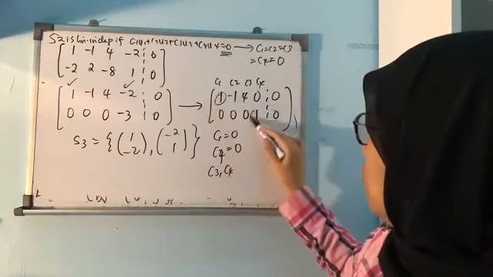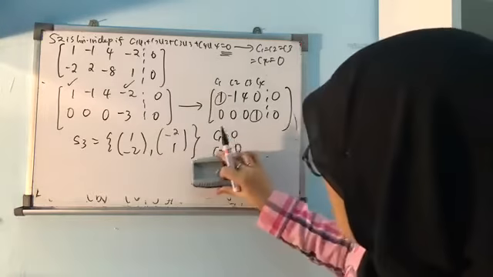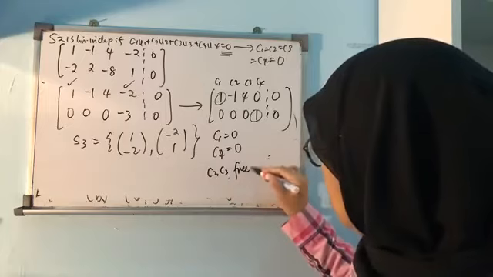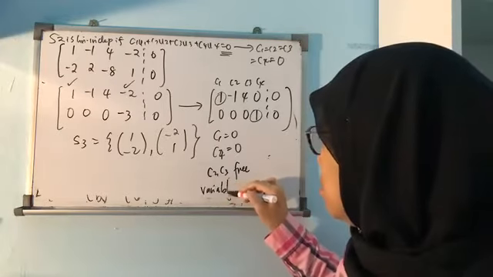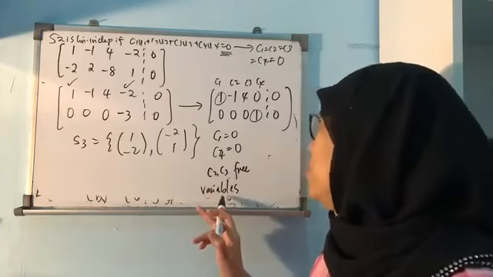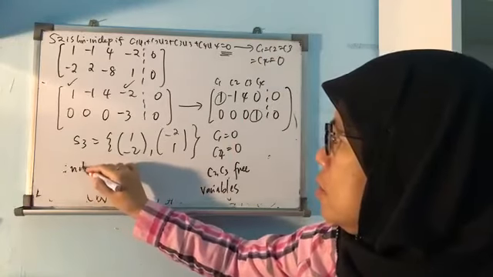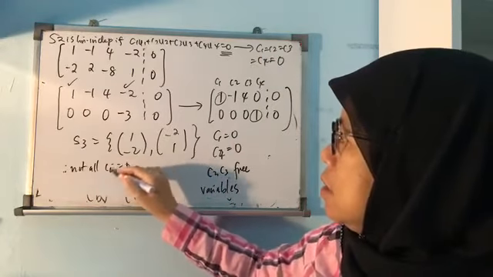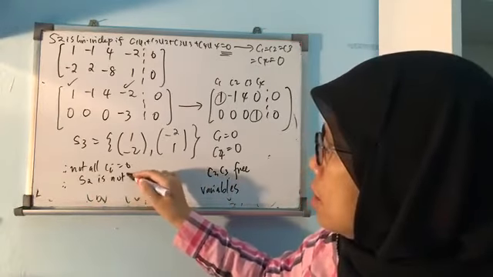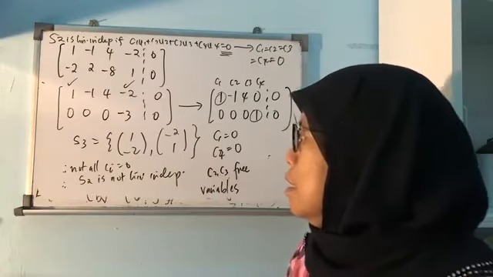C1 0, C4 0, C2, C3 free variables. C2, C3 free variables means they are not all 0. Not all Ci is 0. So S2 is not linearly independent.